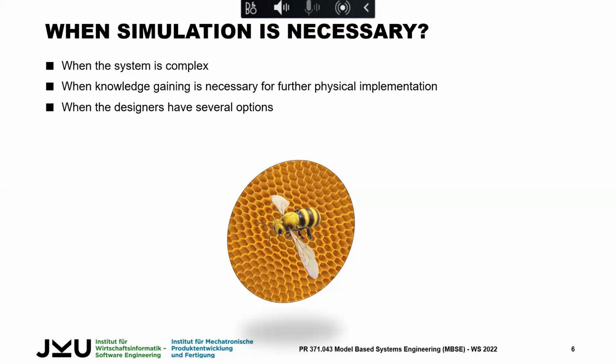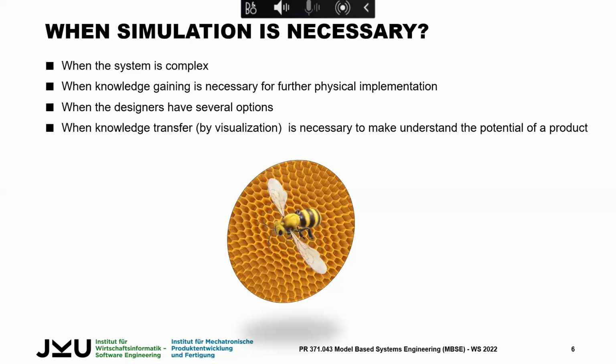So when we have some kind of options, we try to figure out which option is better for our solution, and we figure those options out through simulations. Then when knowledge transfer is necessary, so visualization, that is also discussed in the last slide.